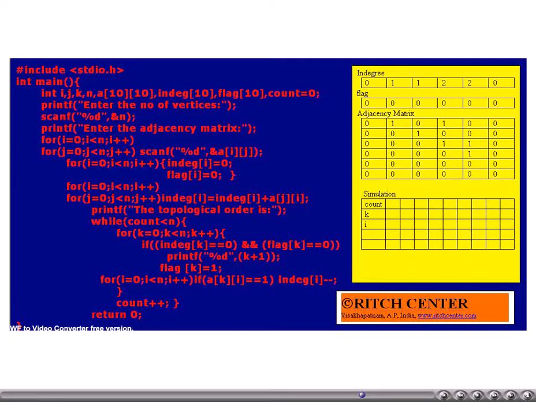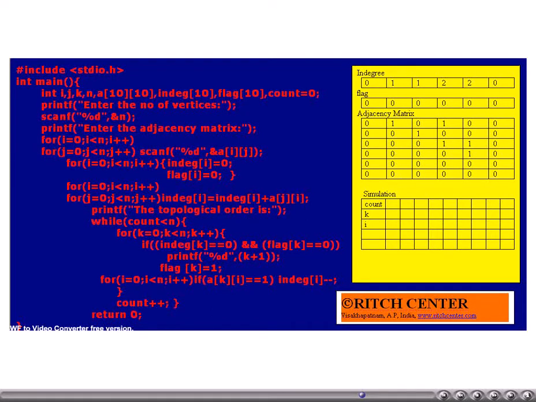Now, by calculating the column sums of each column, we have calculated the in degree value for each node. If we see the in degree array, we have 0, 1, 1, 2, 2, 0. So those are the in degree values of every node. Also, you can verify the flag array has zeros, indicating that the respective nodes are not yet printed or kept in the output list.